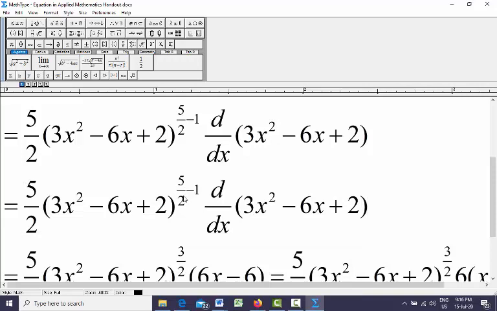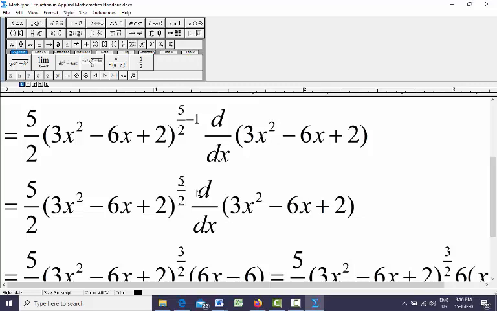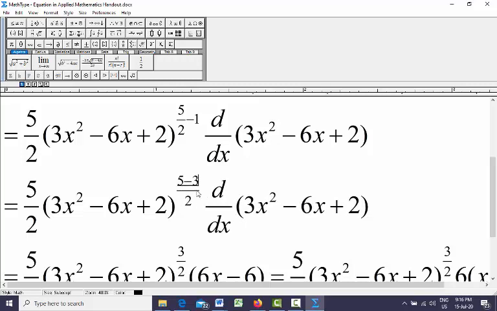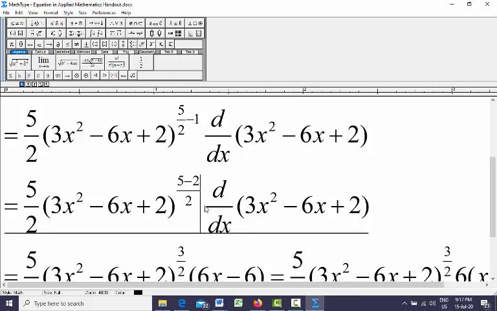So 5/2 minus 1 is like this. And if you do differentiation of this one, what will we get?